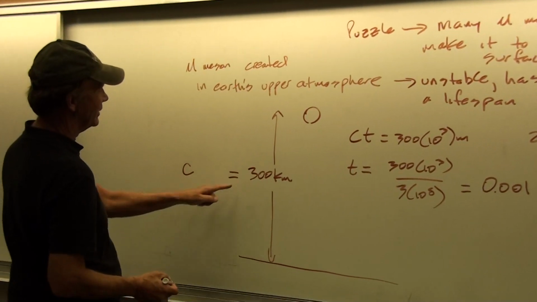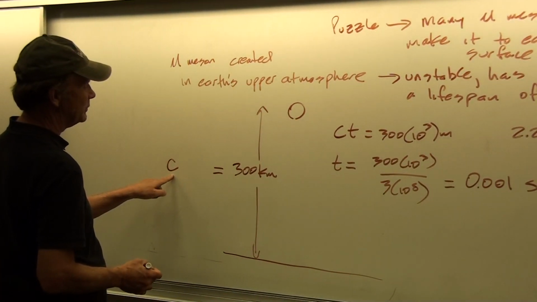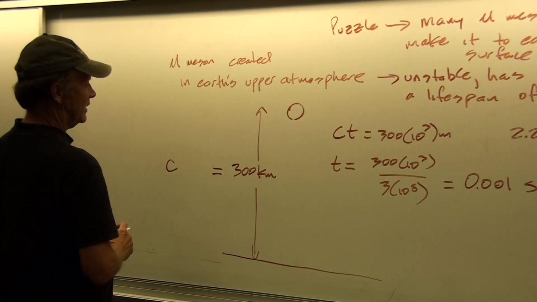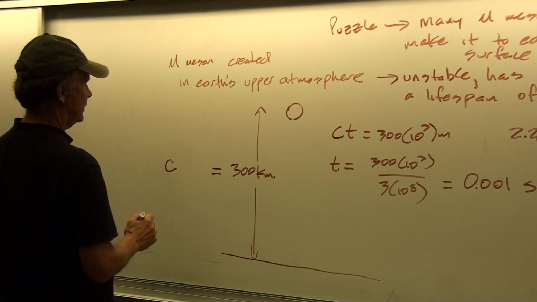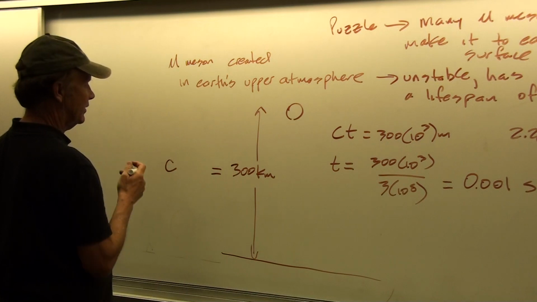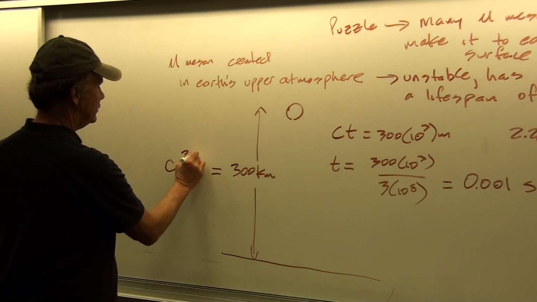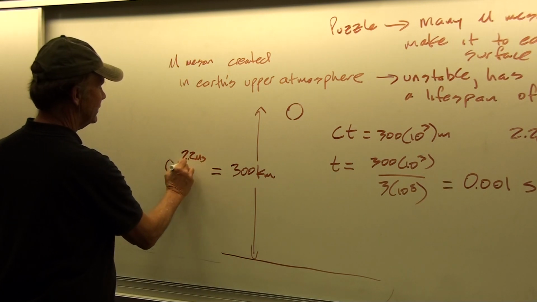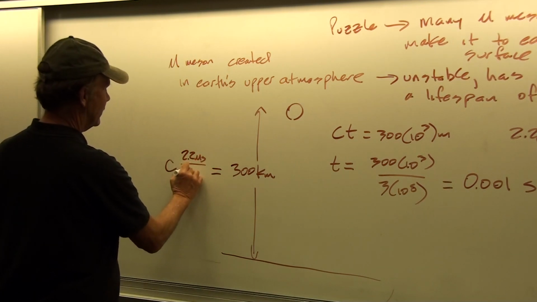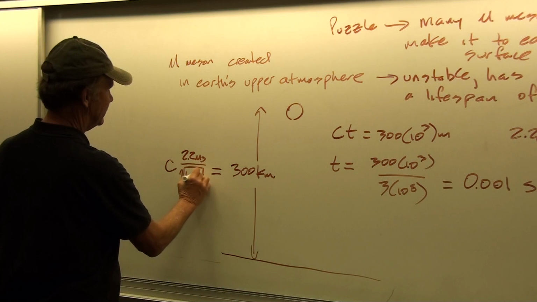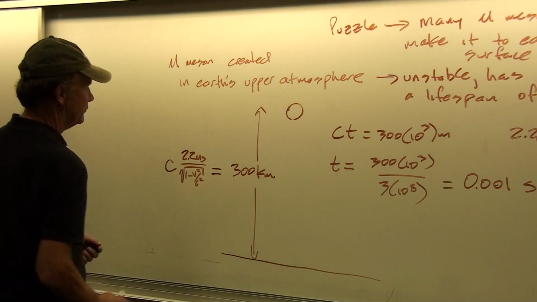So this distance then is going to equal rate, and let's just say it's going the speed of light, even though it's not going that fast, just as a maximum speed, times the time. Okay? And so that time is going to be the 2.2 microseconds divided by the square root of 1 minus v squared over c squared.